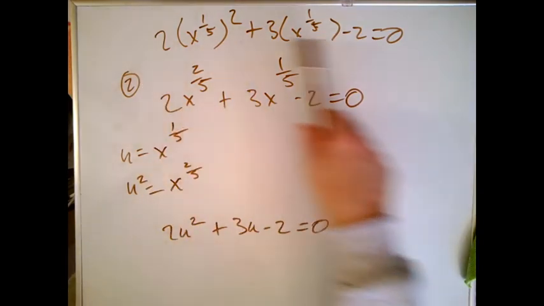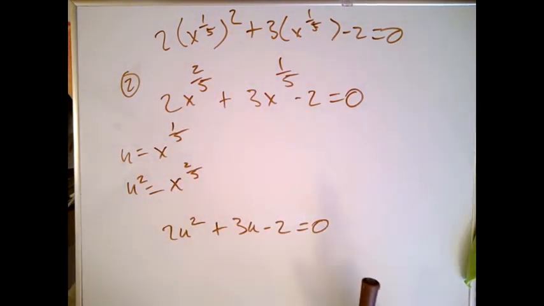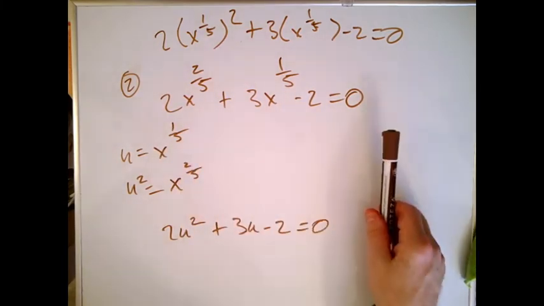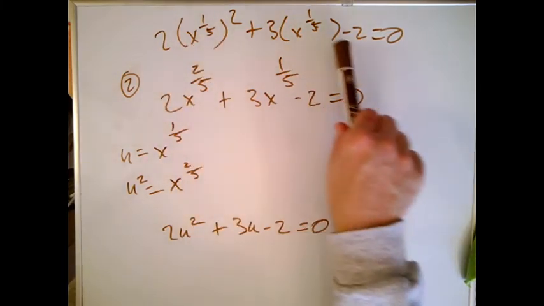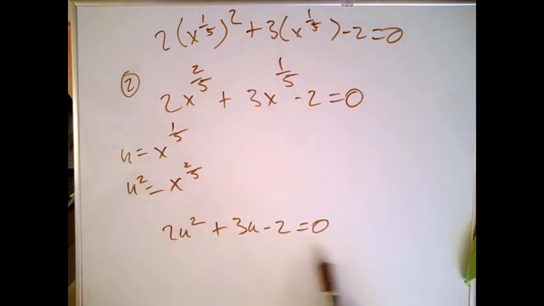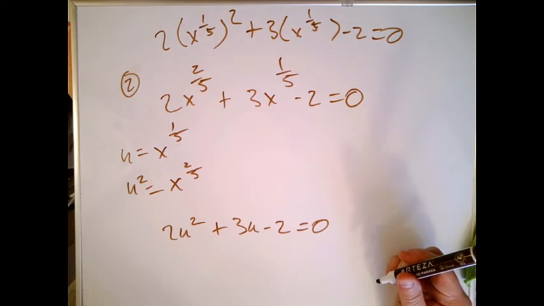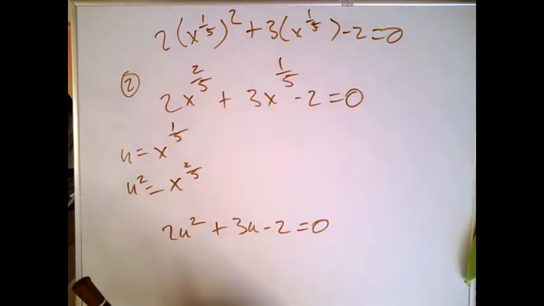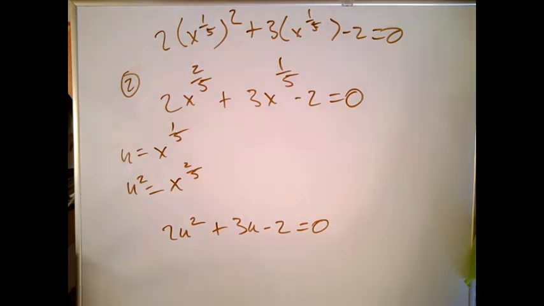And from this point, we could actually try to factor in the same way. Now, you should just try to get comfortable with one of them, either rewriting this so it looks like 2 blob squared plus 3 blob minus 2 equals 0 and trying to factor, or make that substitution so you can actually see it clearly. It's quicker if you can just recognize the pattern on top, but doing it this way on the bottom is perfectly fine. One more example.